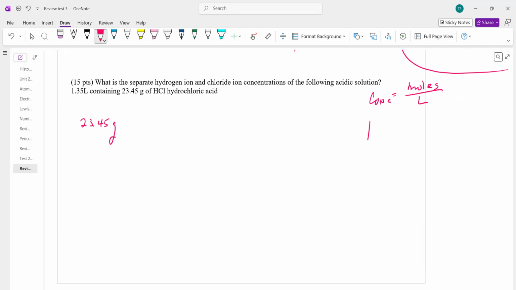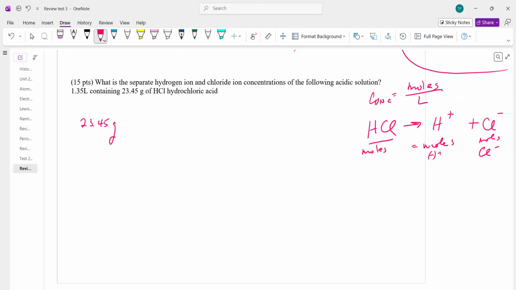And here's the reaction. We have hydrochloric acid goes to H plus plus Cl minus. Is that balanced? Yeah, balanced. So that means if we know the moles of HCl, that's equal to moles of H plus and moles of Cl minus, because the balanced equation coefficients are 1 to 1 to 1.